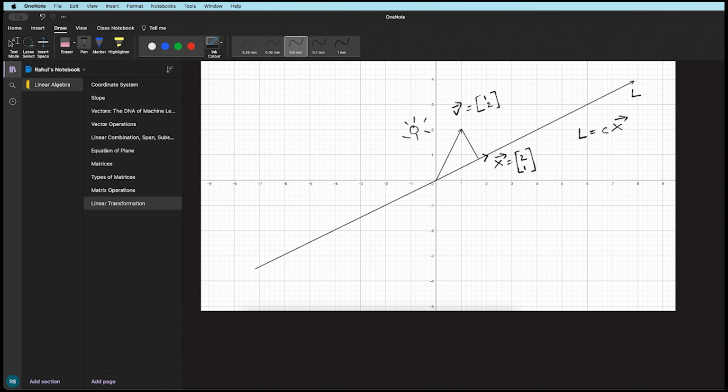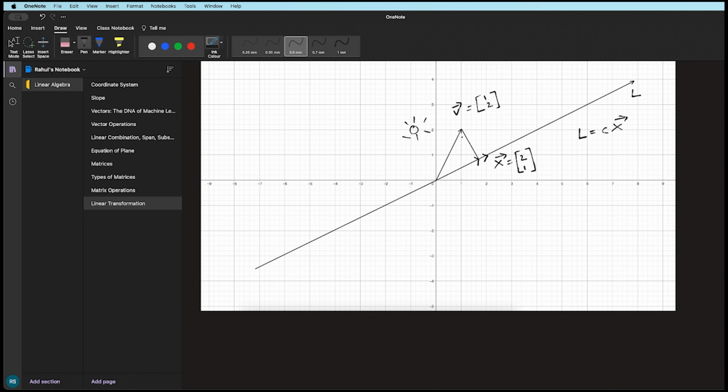So the shadow of this vector v starts from the origin and reaches the point where this line ends. So this is the shadow of the vector v.